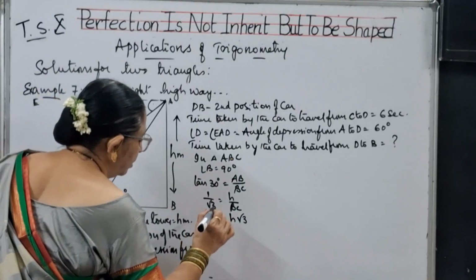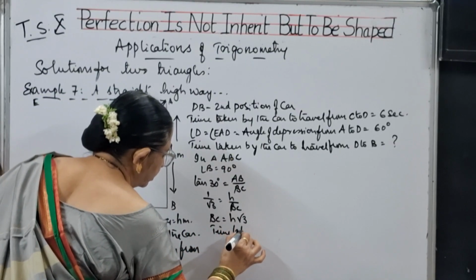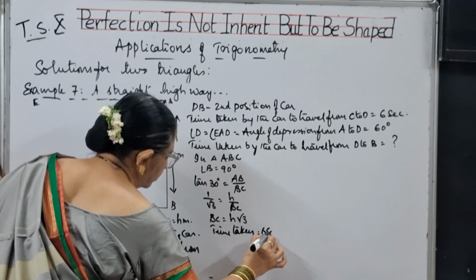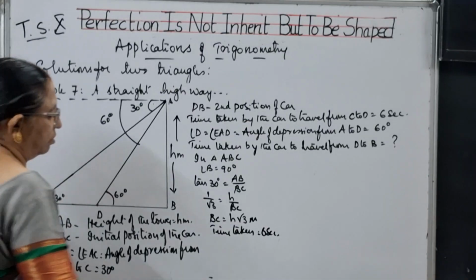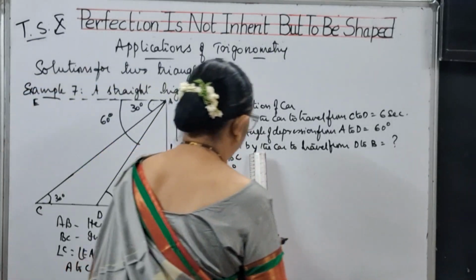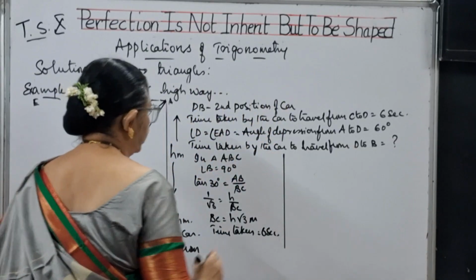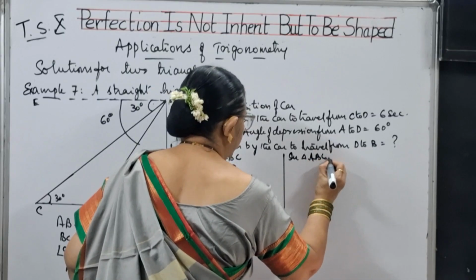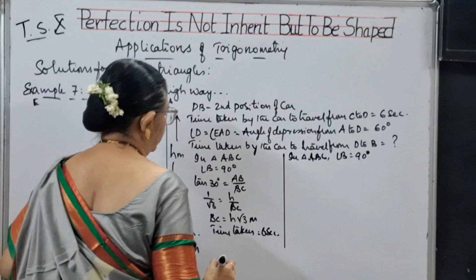So time taken is equal to 6 seconds. So distance is H root 3 meters, time taken is 6 seconds. Now let us see triangle ABD. In triangle ABD, angle B is equal to 90 degrees.